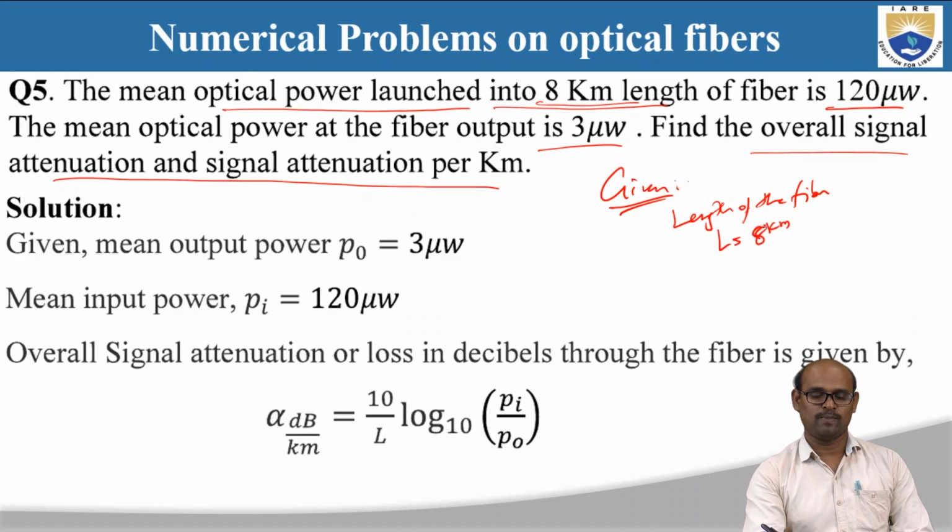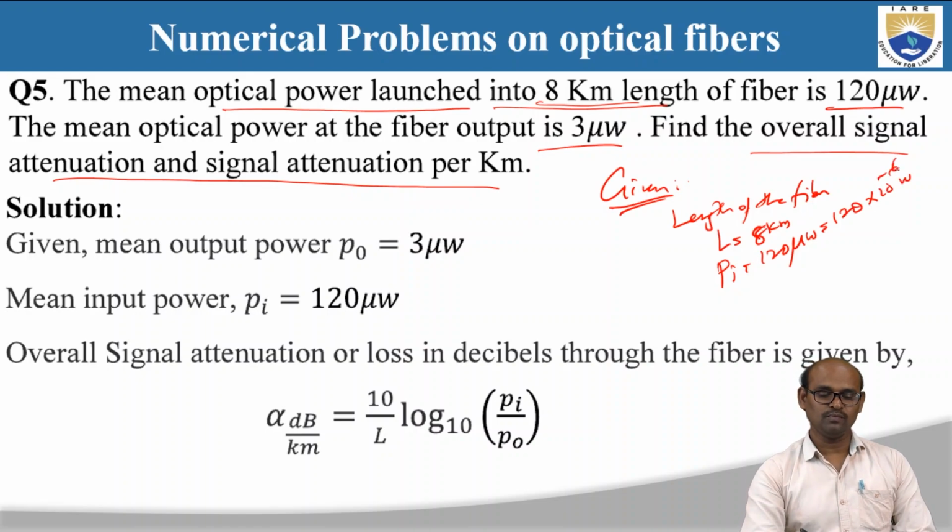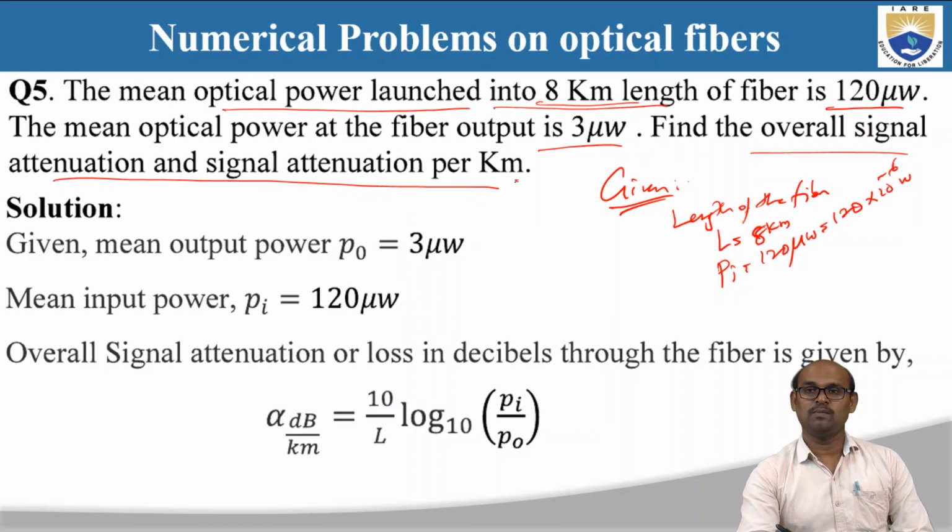Then the input power, the mean optical power launched, Pi is equal to 120 microwatts, which converts to 120 into 10 power minus 6 watts. And the output power that you receive at the output end is 3 microwatts, which is 3 into 10 power minus 6 watts.